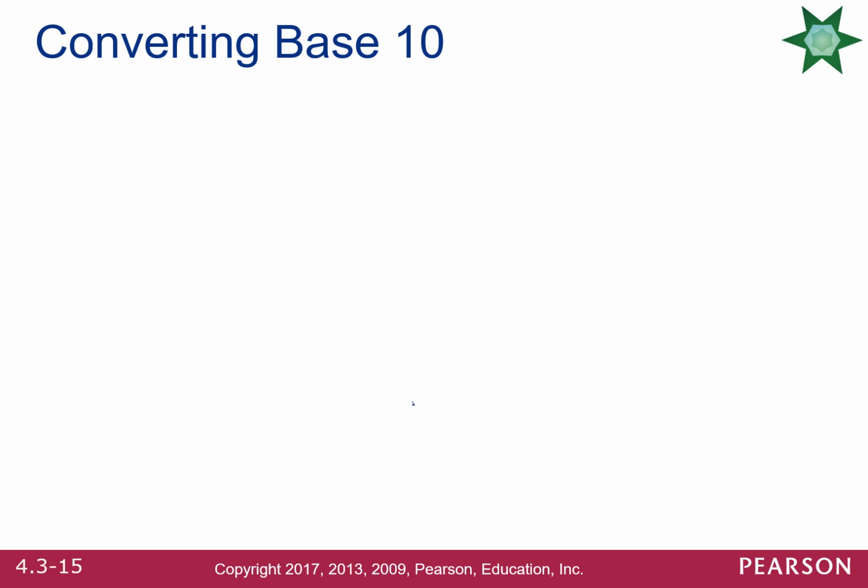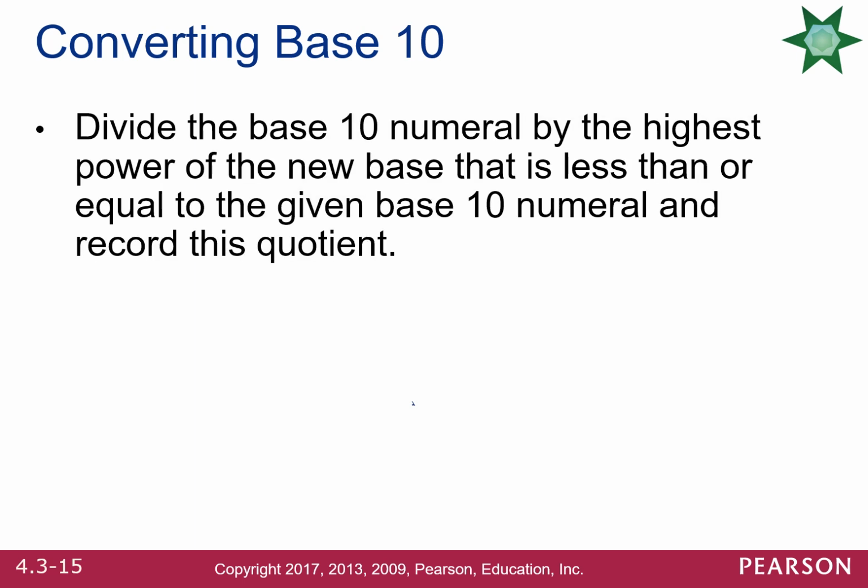We were using the division method, if you recall, right? We are going to do the same thing here. It says here, divide the base 10 numeral by the highest power of the new base that is less than or equal to the given base 10 numeral and record this quotient.